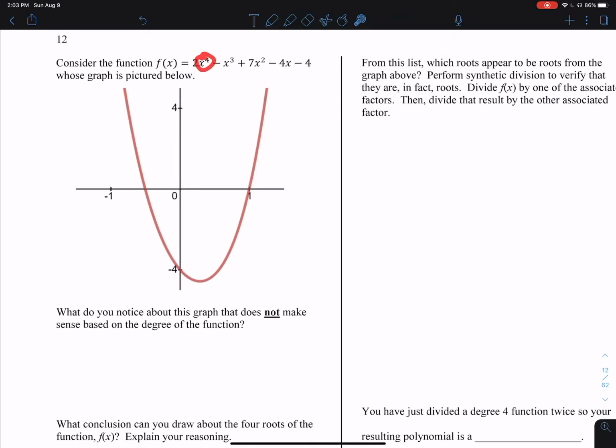Well, this is a fourth degree polynomial. And the fundamental theorem of algebra guarantees 4 roots because of that.